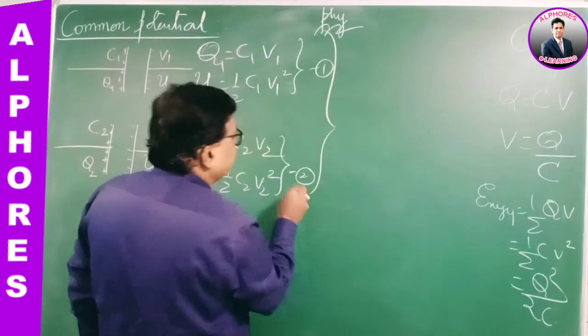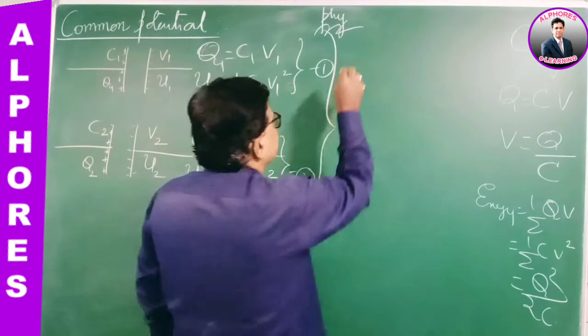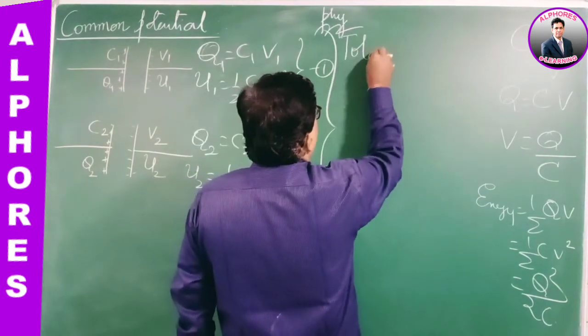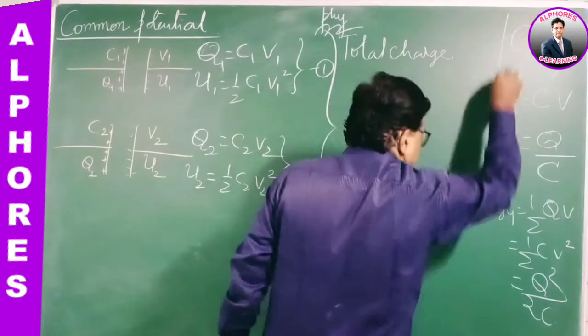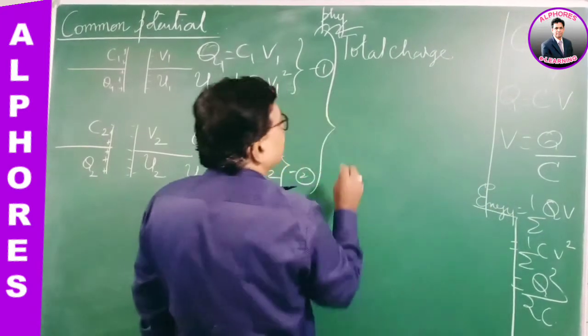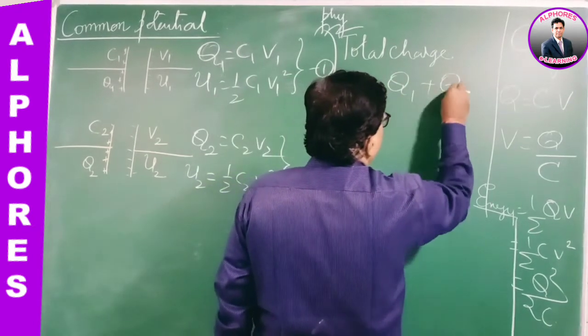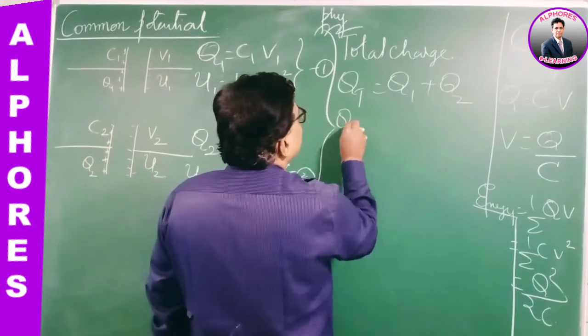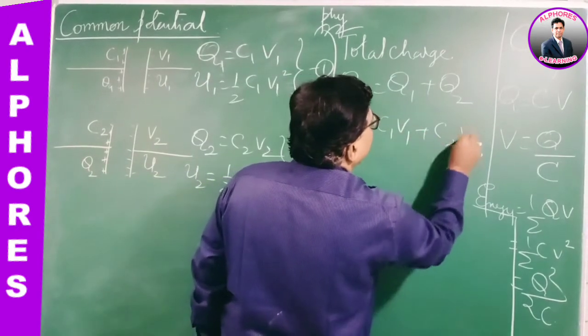Now, combining these two, the total charge stored in the capacitors, the total charge QT is Q1 plus Q2. Well, the total charge is C1 V1 plus C2 V2.